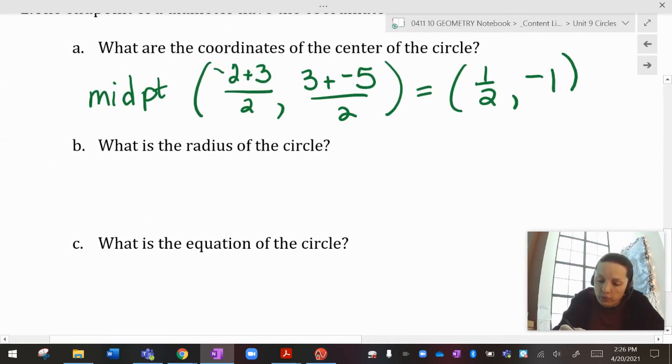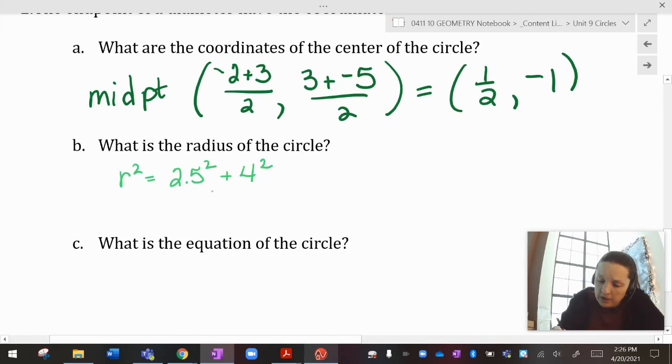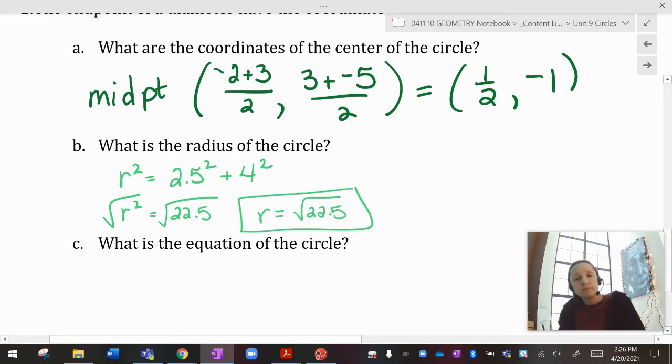So if I want the radius, r squared equals a squared plus b squared. So 2.5 squared plus 4 squared is 22.25. So r squared is 22.25, making r the square root of 22.25.